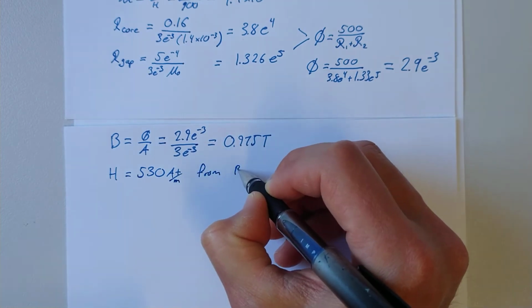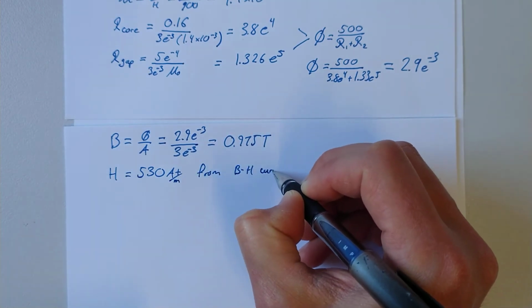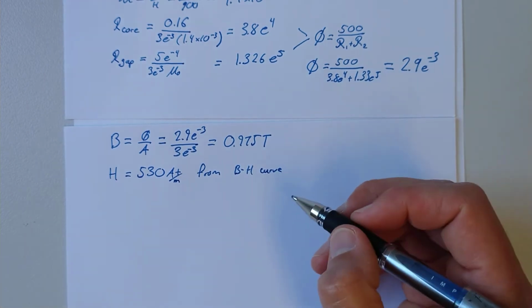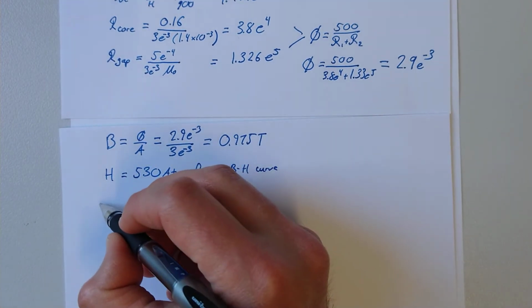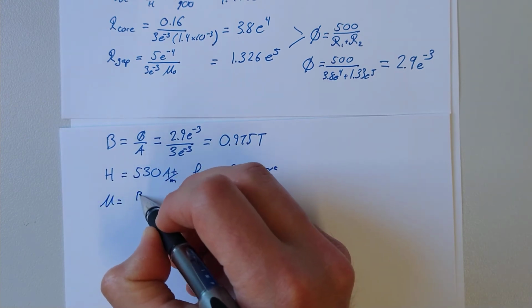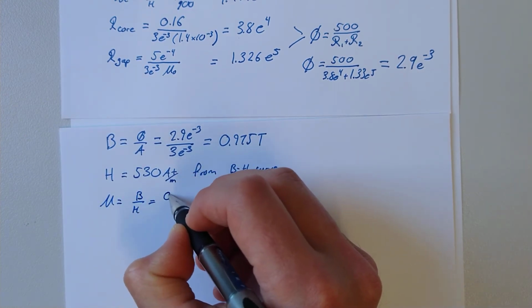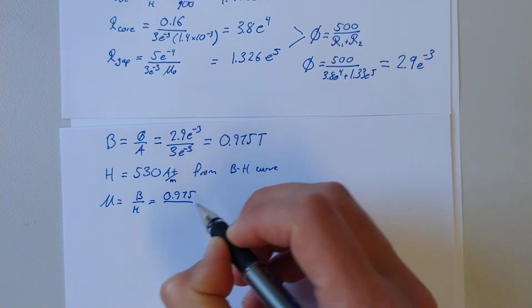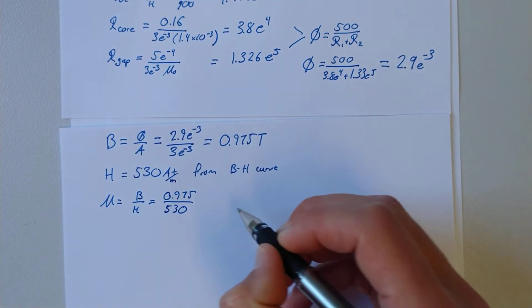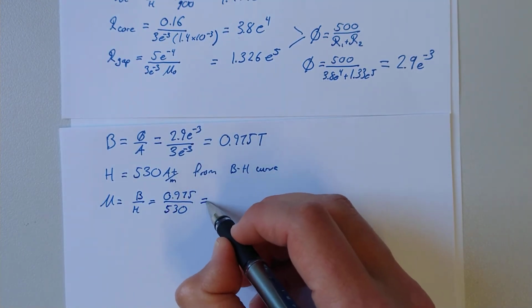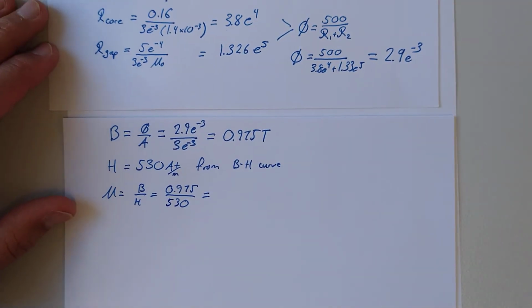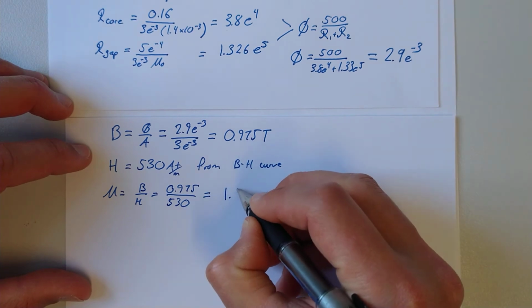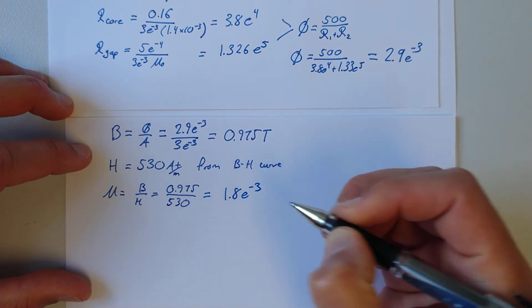From the BH curve, we're not going to get many digits of precision this way, but okay, now we have to find mu. B over H, 0.975 over 530, is 1.8e minus 3.